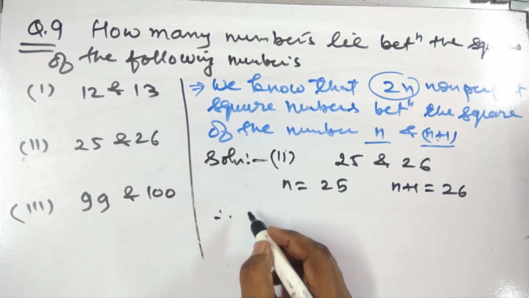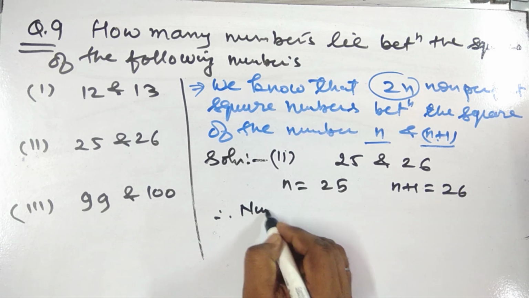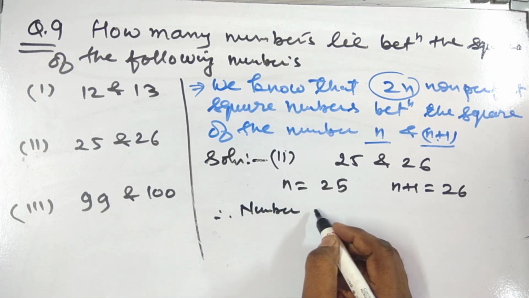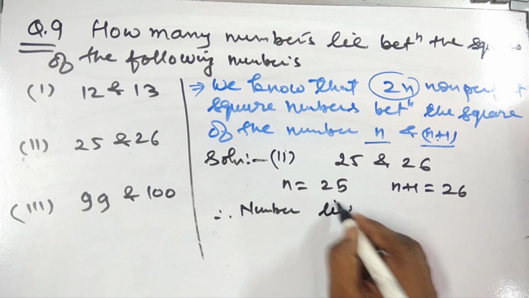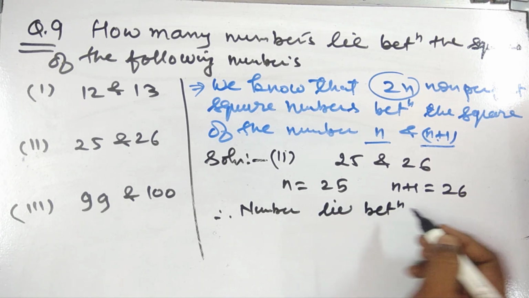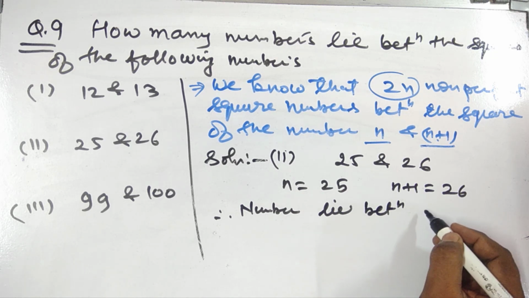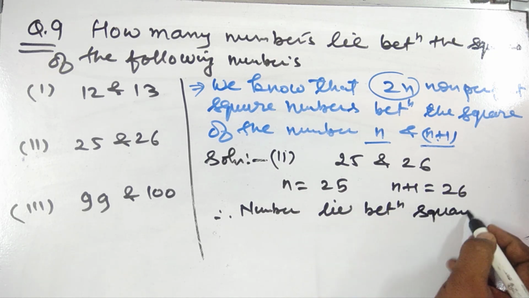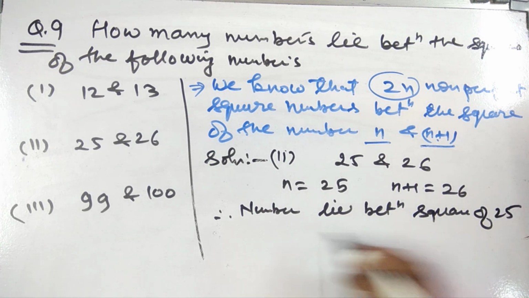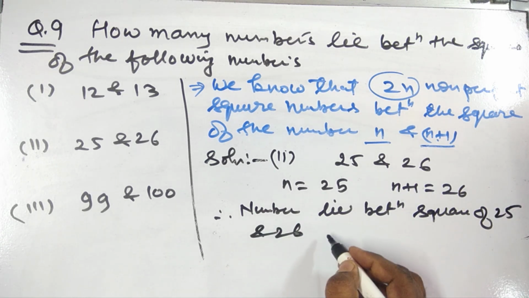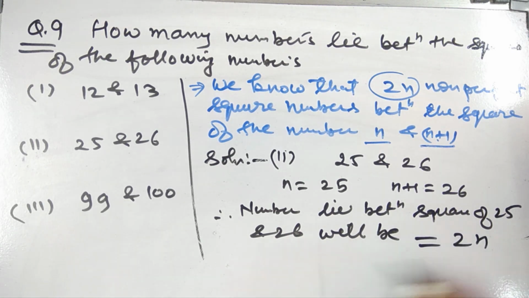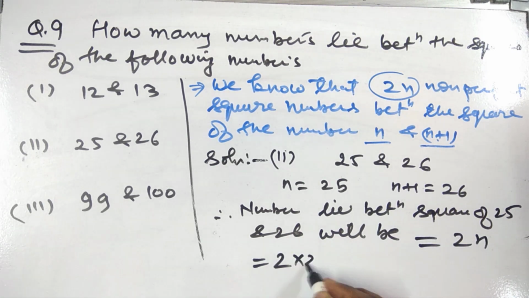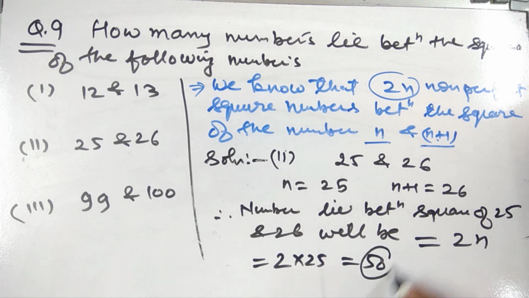Therefore, the numbers that lie between the squares of 25 and 26 will be 2n. It means 2 into 25 is equal to 50. This is the required answer, students.